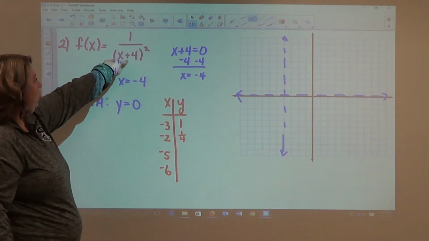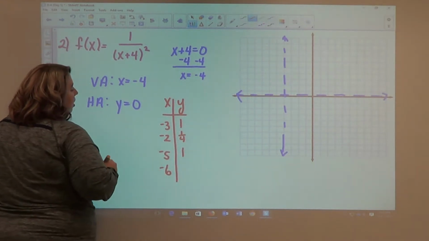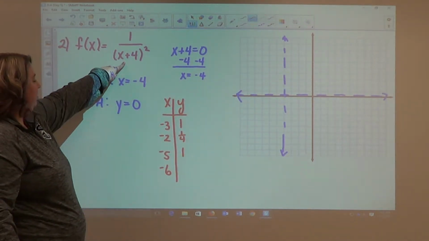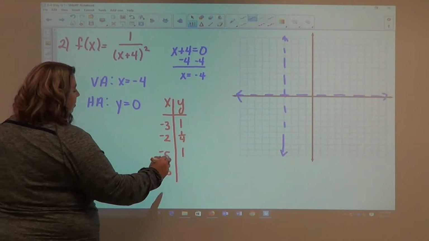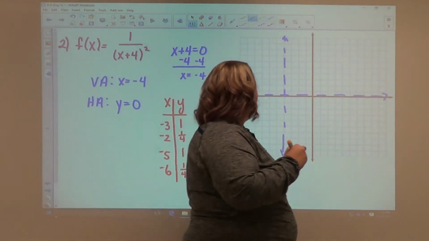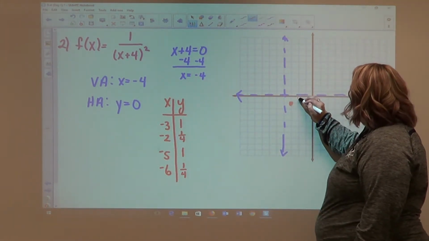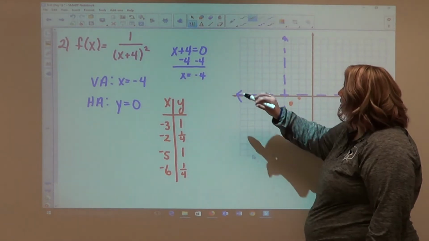-5 plus 4 is -1. -1 squared is 1. 1 divided by 1 is 1. -6 plus 4 is -2. -2 squared is 4. 1 divided by 4 would be 1/4. So I have -3, 1, -2, 1/4. Those are not negative.